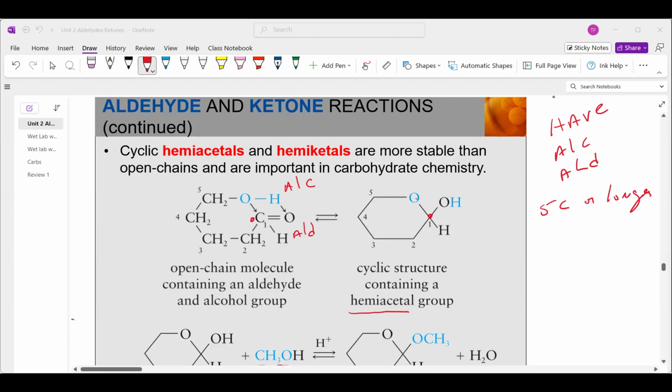In fact, let's just keep it at 6 to simplify things. 6 is long enough so that the tail can reach around to the front. Think of a dog chasing its tail. Like one of my dogs has no tail, so he doesn't chase his tail. My other ones are much smaller and they have longer tails, so they can find it. Okay, so here we have, this is the alcohol part.